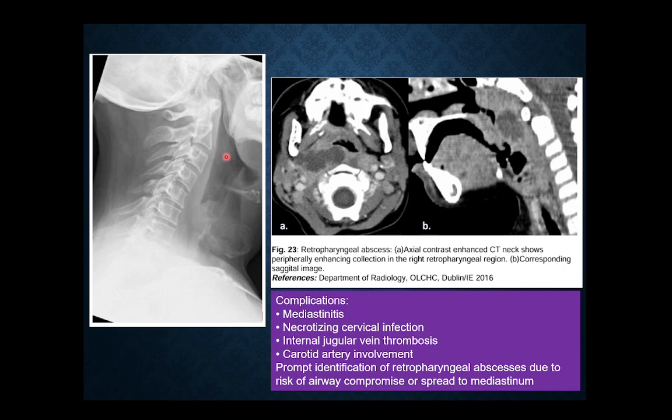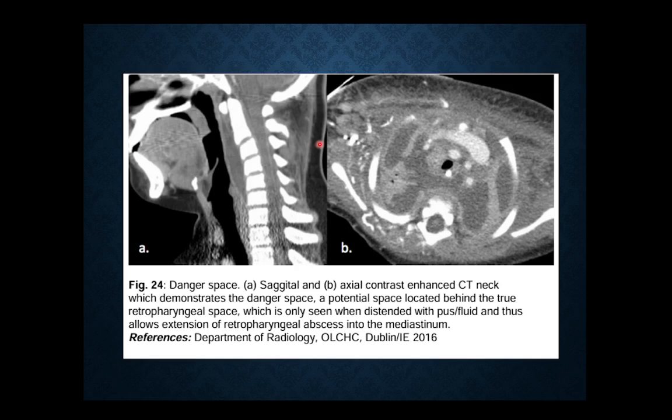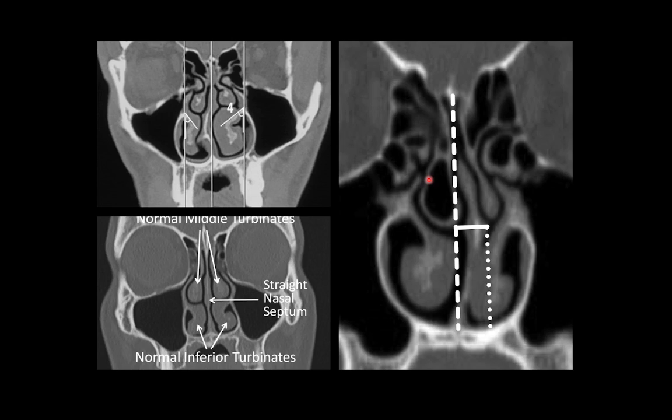But when it is distended with pus, infection, or hematoma, it extends to the mediastinum. So it leads to mediastinitis as well. Like in this case, this is a retropharyngeal abscess, and it extends to the mediastinum here. So the complication is mediastinitis and mediastinal abscesses.